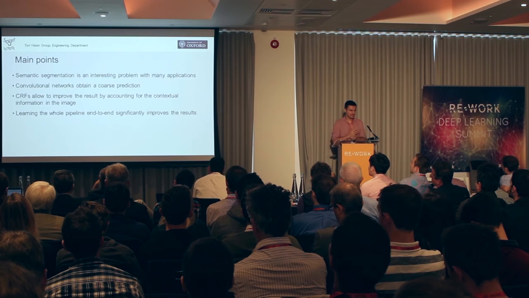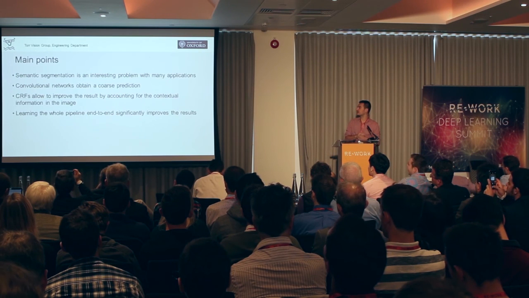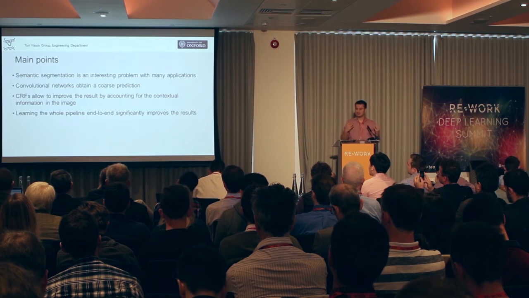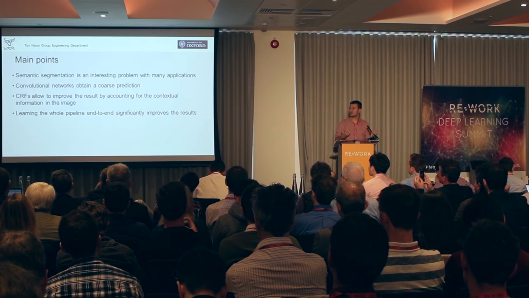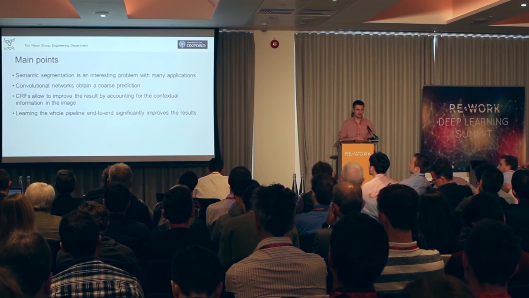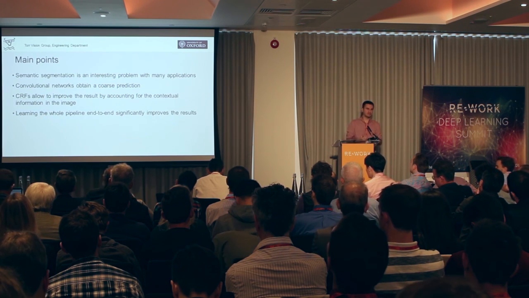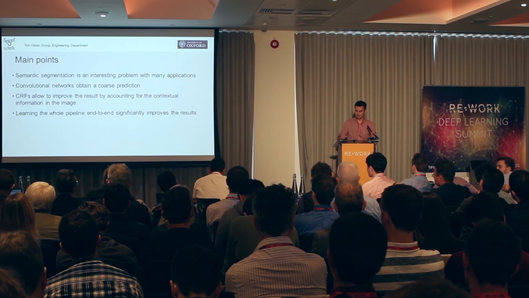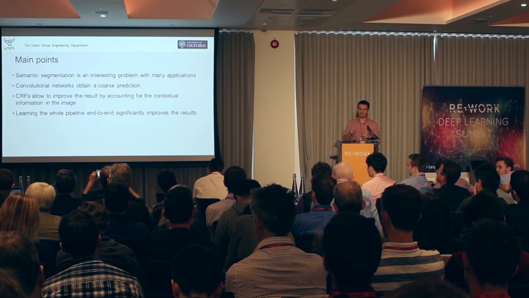So that covers pretty much everything I wanted to say. The main points are that semantic segmentation is an interesting problem and it has many applications. We have seen that fully convolutional networks are a really good starting point, but they produce a somewhat coarse prediction.